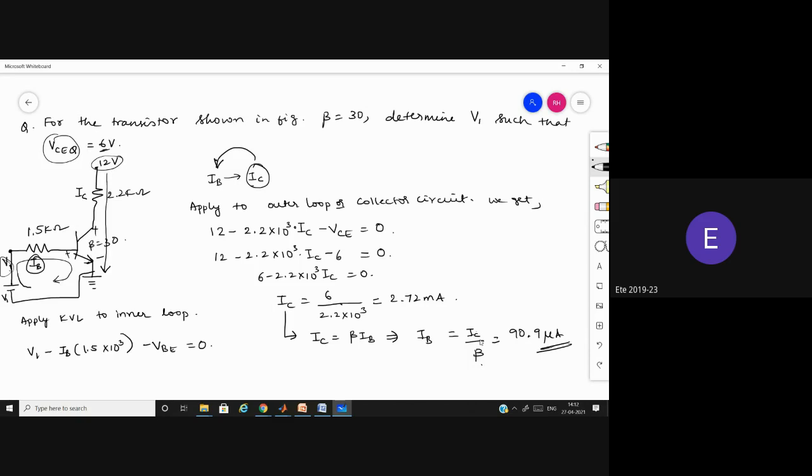So now rearrange this. V1 is equal to IB into 1.5 into 10 to the power of 3 plus VBE. Tell me the answer. VBE, if they are not given, assume it to be 0.7 always. But if they are given, you have to consider that only.